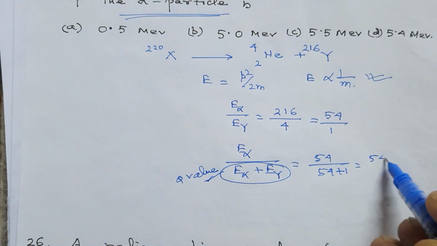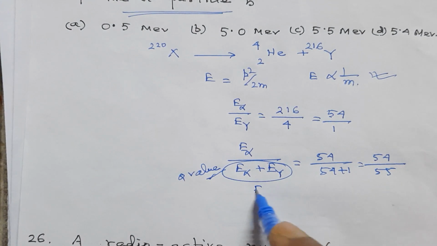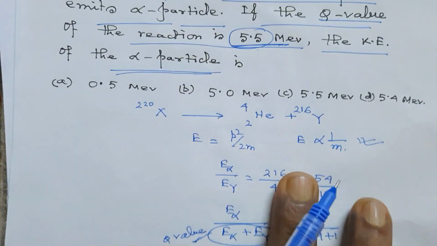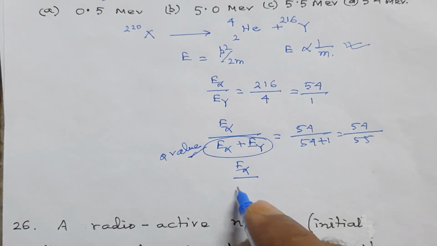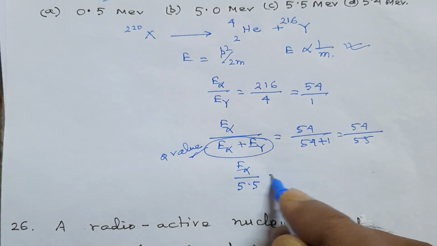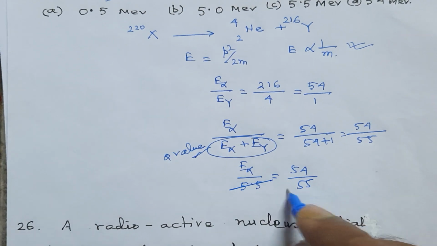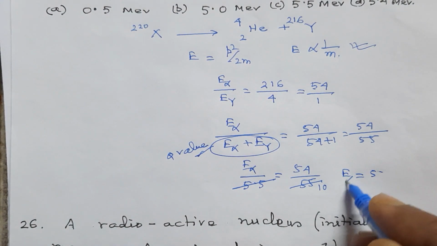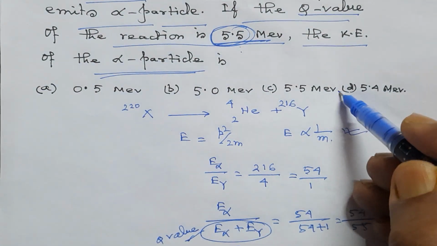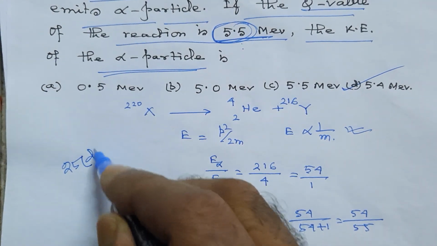Simple mathematical calculation gives you the ratio 54 by 55. Let us put 5.5 MeV instead of E alpha plus E Y. E alpha equals 54 by 55 times 5.5, so E alpha equals 54 by 10, so E alpha equals 5.4 MeV. So the correct answer is 5.4 MeV. So the answer to question number 25 is D.